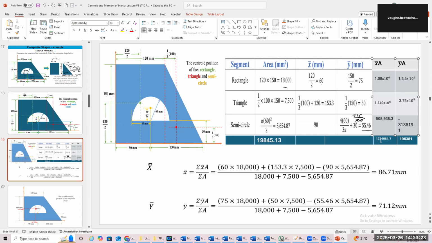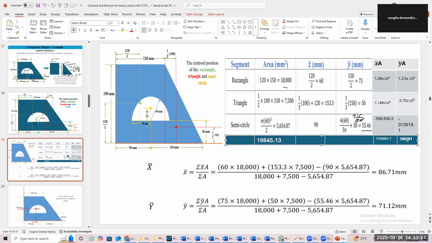And then the other one would be minus 508,938.3. So we're getting 1720000 6.7. Yeah, so that looks correct now.